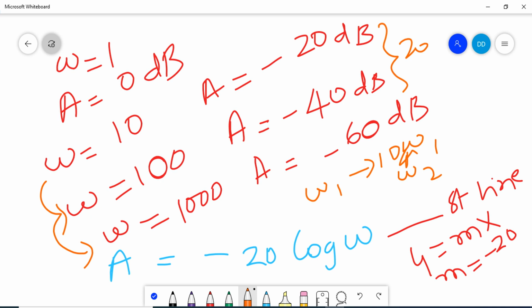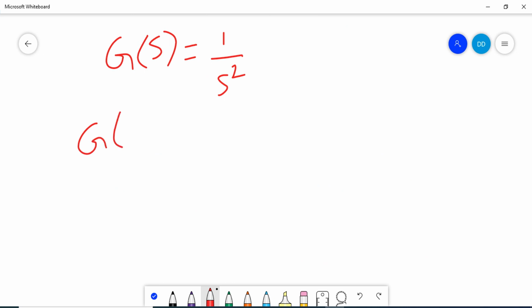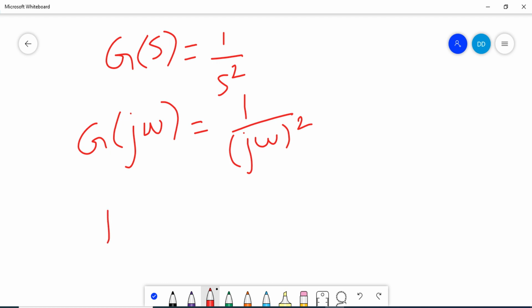Now we'll see what happens if we have two poles at the origin. We write G of S equal to 1 by S square, two poles at the origin, that means S equal to 0, 0. Replace S by j omega. G of j omega becomes 1 by j omega the whole square. Now we find the magnitude, which I'll write directly in decibels.